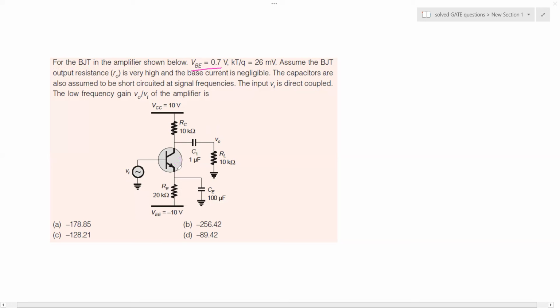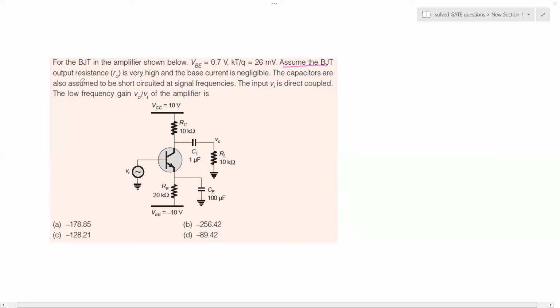VBE, that is the base emitter voltage of this BJT, is 0.7 volt. KT over Q, this is called the thermal voltage, and at room temperature its value is about 26 millivolt.